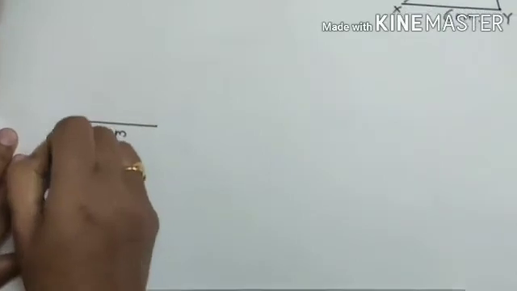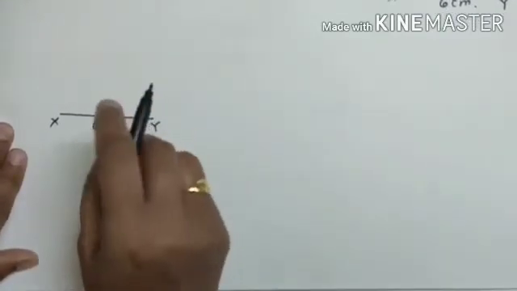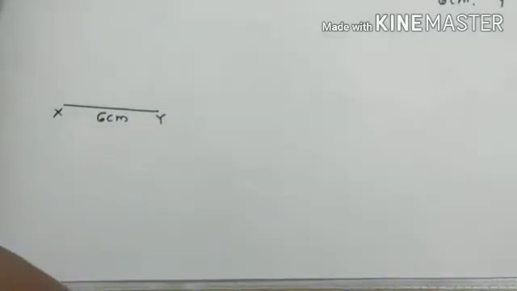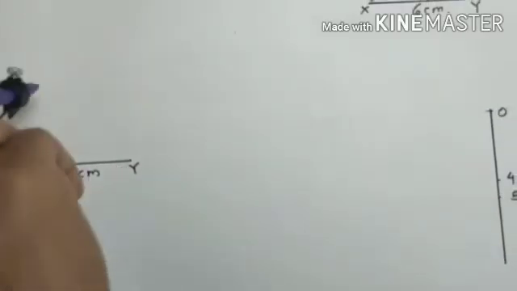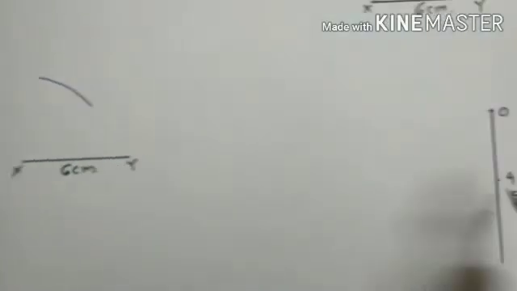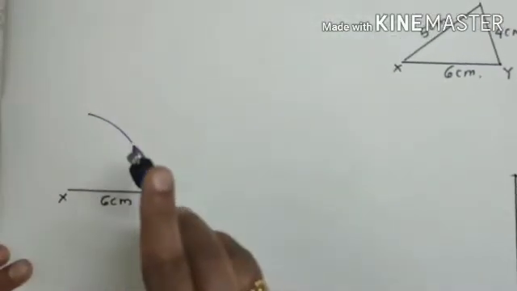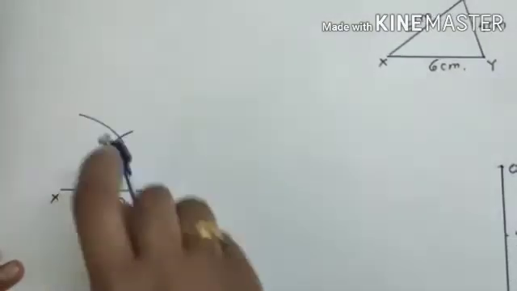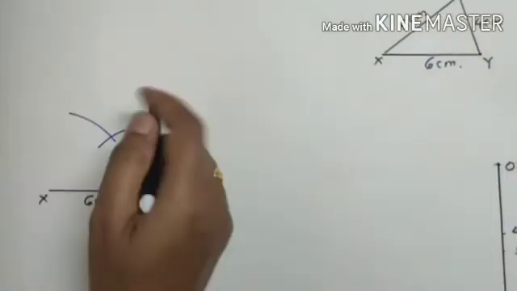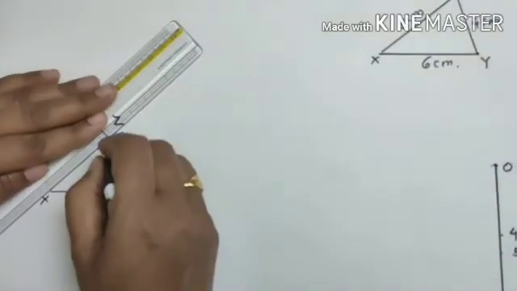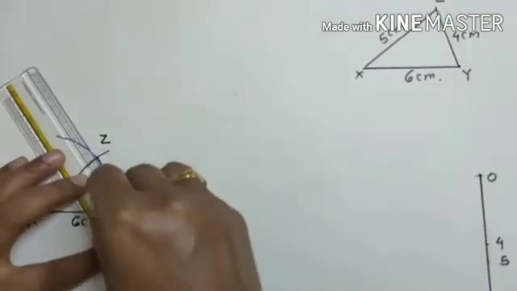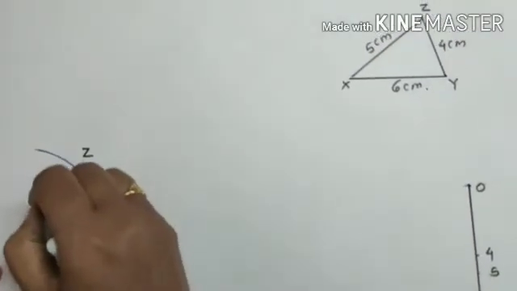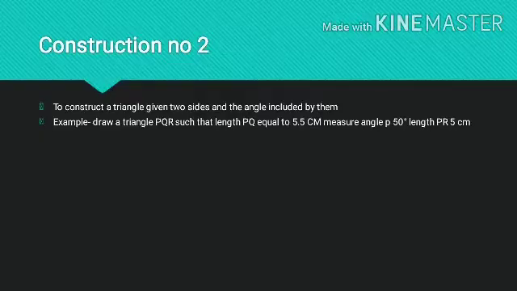As length XZ is 5 cm, draw an arc on one side of segment XY with the compass open to 5 cm and with its still point at X. Next with the point at Y and the compass open to 4 cm, draw an arc to cut the first arc at Z. Draw segments XY and YZ. Triangle XYZ is ready.